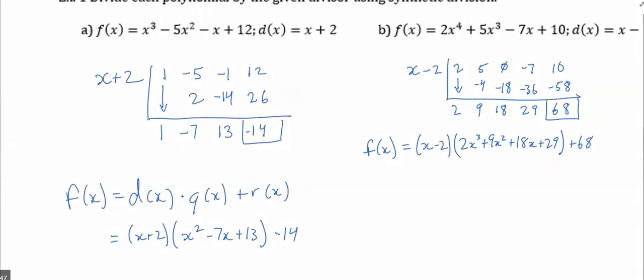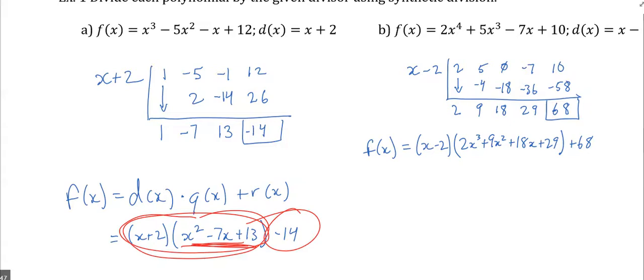When I took f at x and divided by something like x plus 2, remainder theorem is a way of calculating the remainder that you would get had you done the division, whether it was long division or synthetic. Obviously, you better get the same remainder, okay? It's not going to tell us anything about the quotient. It's just going to give us the remainder. This is what remainder theorem does.